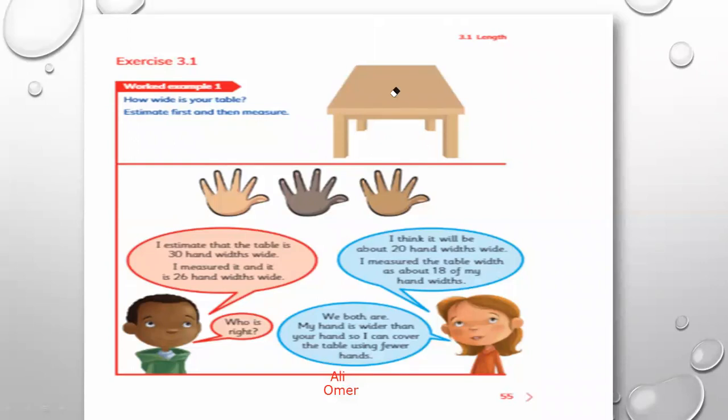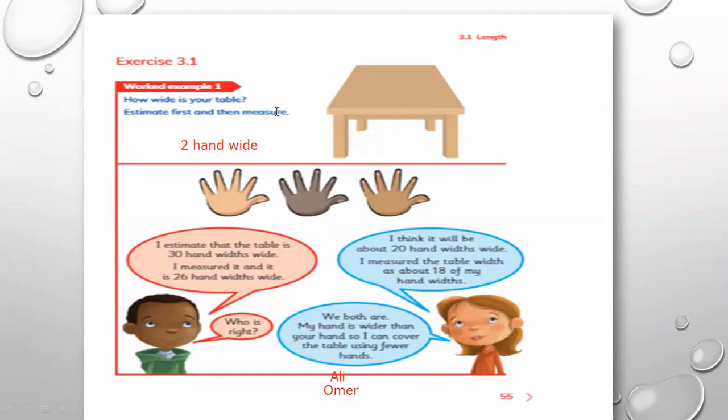This is the activity that we have done in the class. We measured our table. The table is 4 hands long and it is 2 hands wide, from left to right.